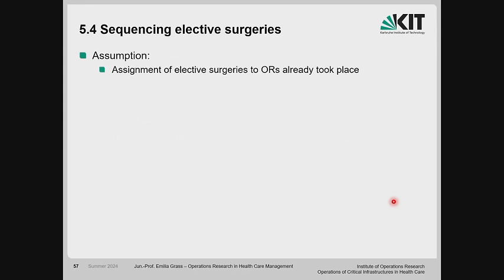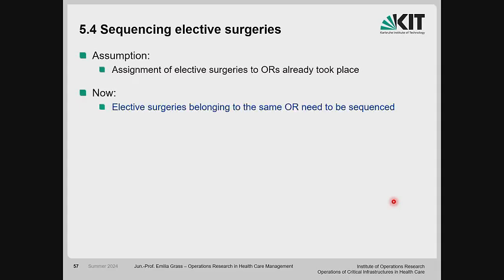The assumption is that the week assignment was already done, so we know how many surgeries we have on Monday, Tuesday, and so on. Now we would like to decide if Peter is first, then Maria, and so on. So we have to sequence the surgeries. Elective surgeries belonging to the same operating room have to be scheduled.